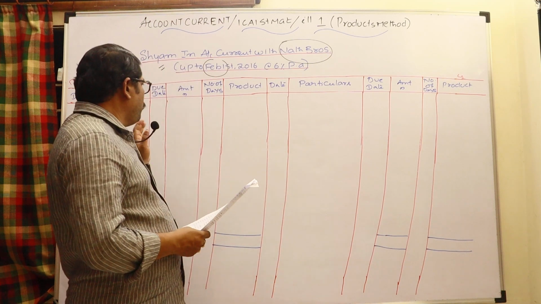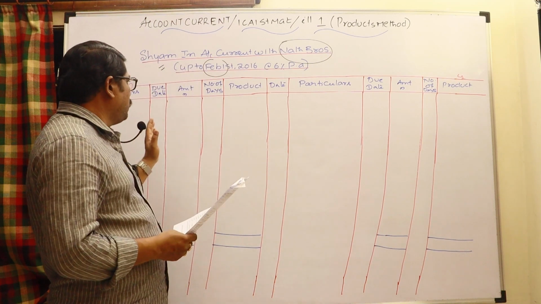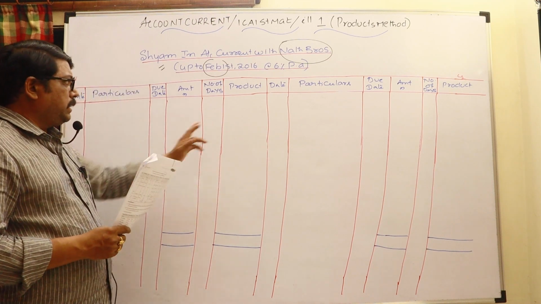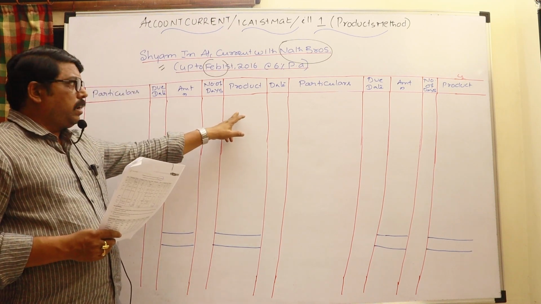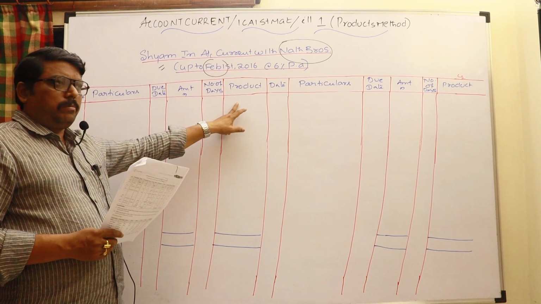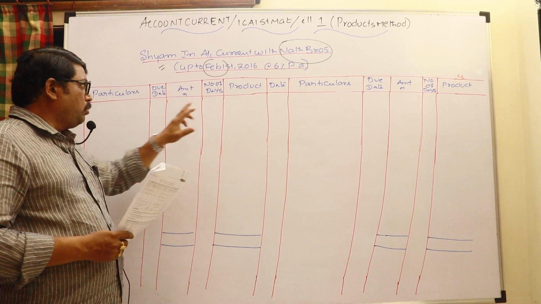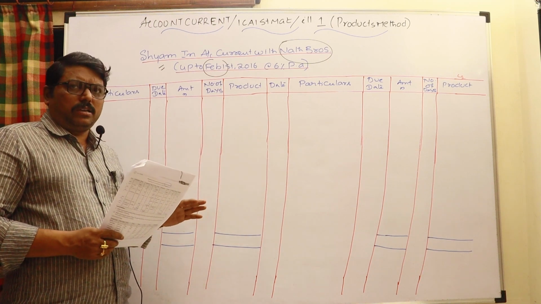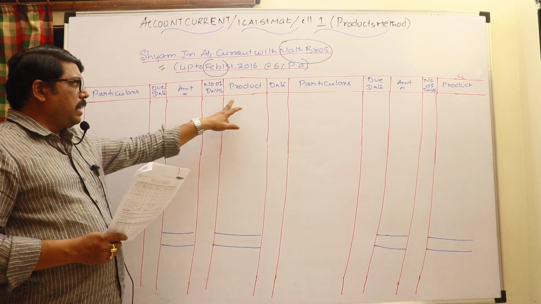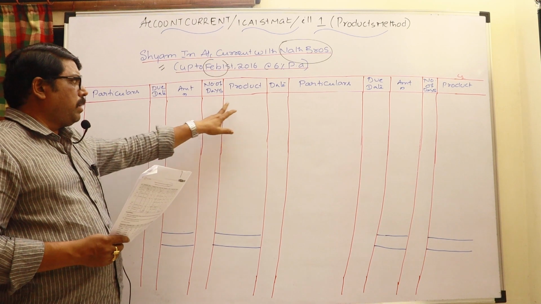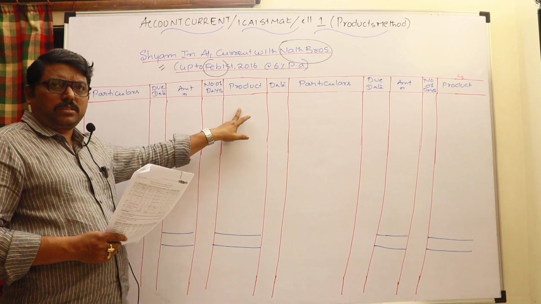If you check, date, particulars, due date, amount, number of days, all the columns are the same except the product column. Earlier we wrote the interest amount directly, but here we are going to write the product. Except for the product column, copy all five columns from the earlier sum. Instead of calculating interest for every transaction, multiply amount into number of days; the resulting amount is the product.